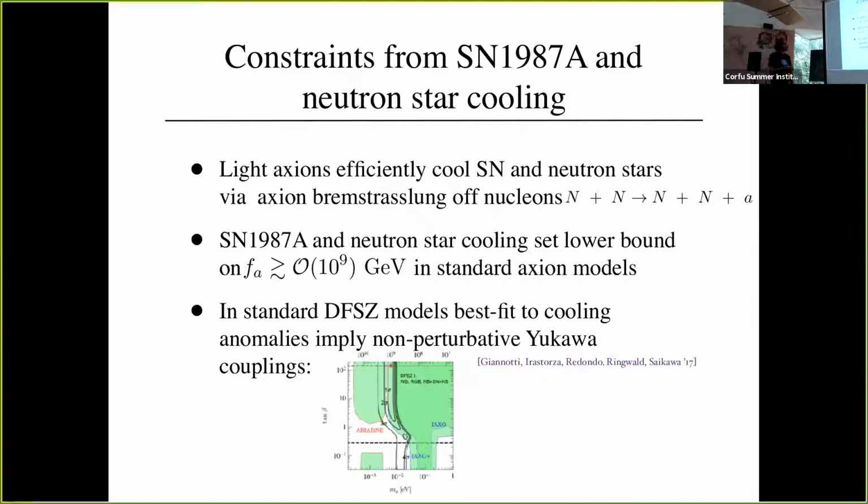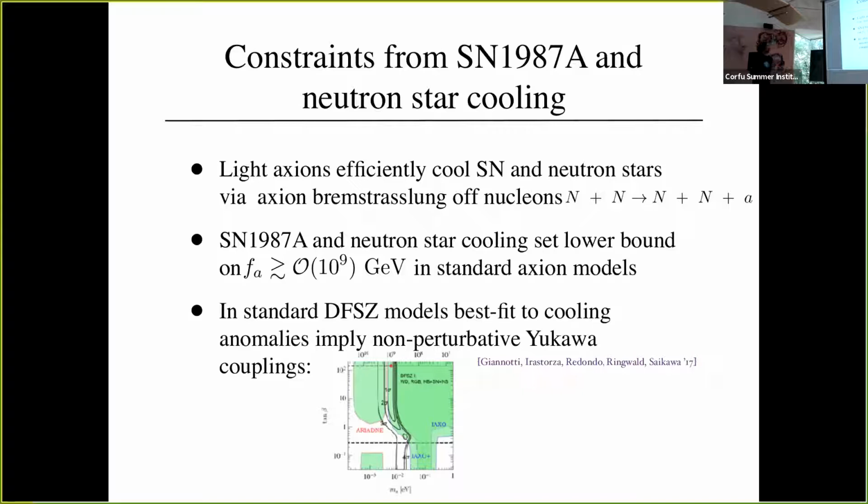So in typical axion models, these constrain the axion decay constant to be above order 10^9 GeV, which is also more or less the scale to explain the stellar cooling anomalies.